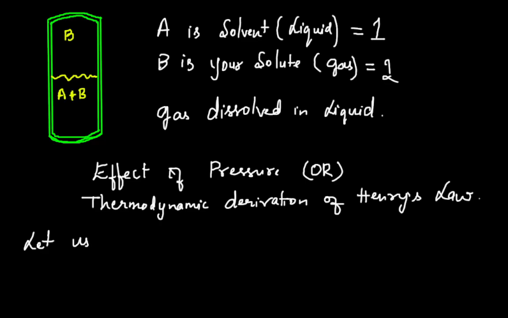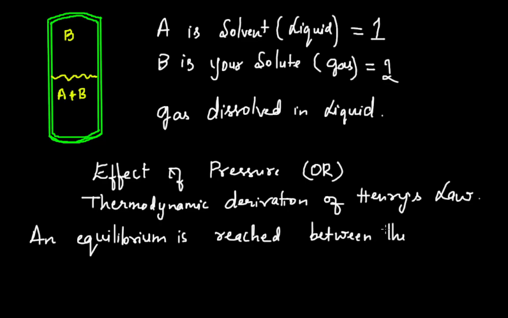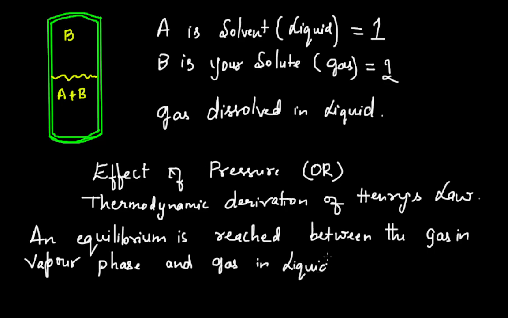We take it for granted that when it is stable, an equilibrium has been reached between the gas in vapor phase and the gas in liquid solution, here between B and B, between the molecules in the vapor and the B molecules in the liquid.